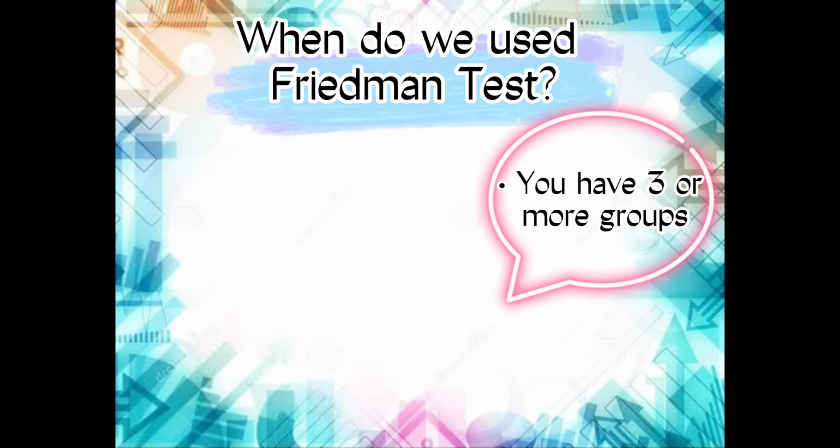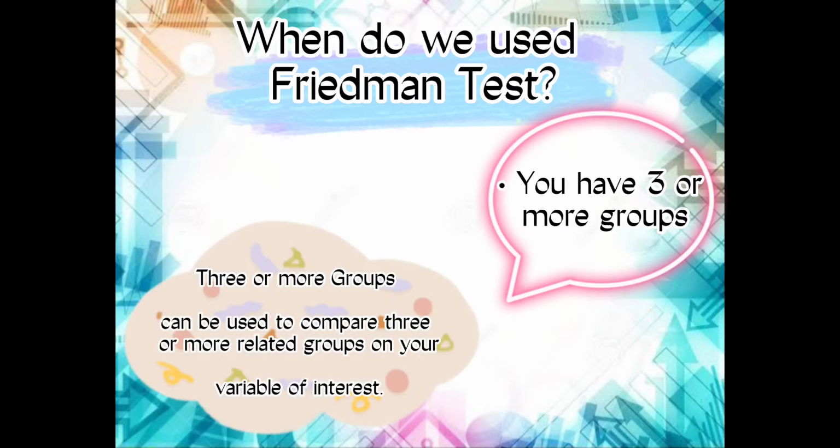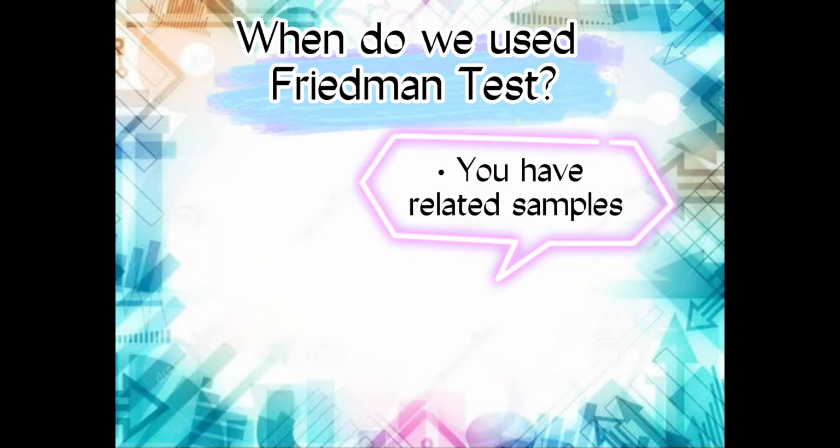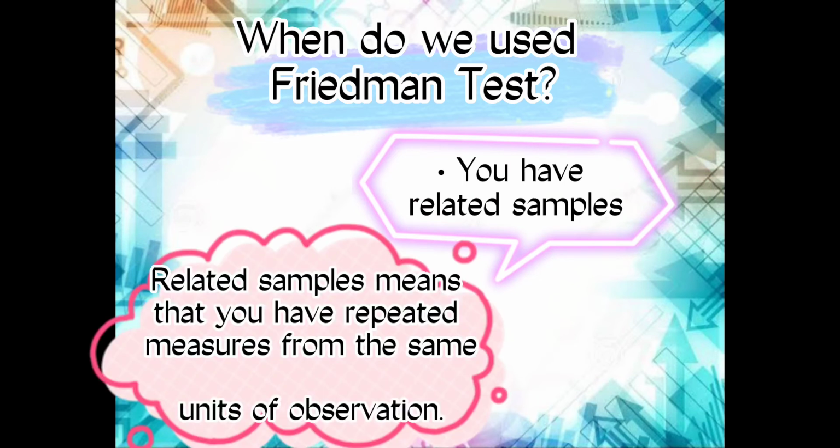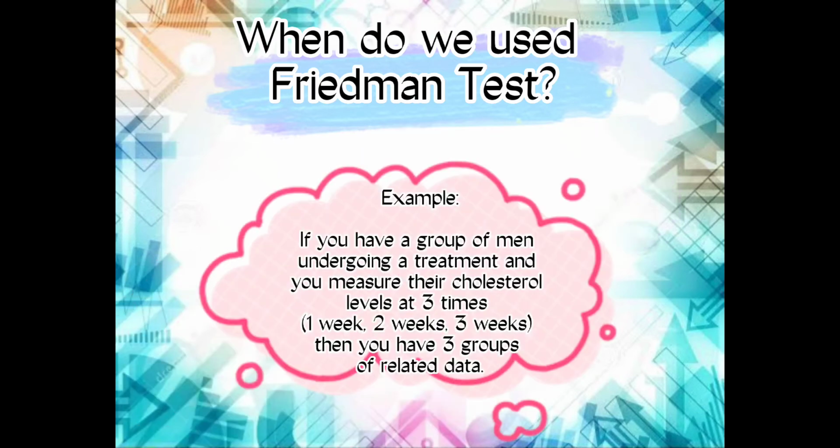You have 3 or more groups. 3 or more groups can be used to compare 3 or more related groups on your variable of interest. You have related samples. Related samples means that you have repeated measures from the same units of observation.